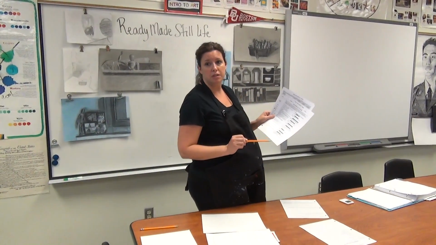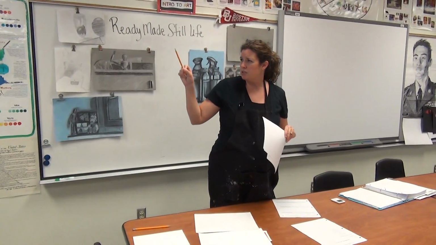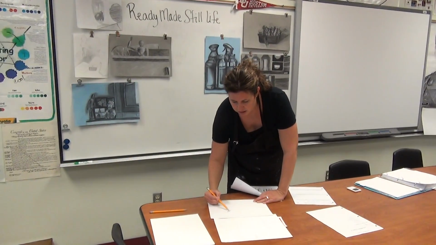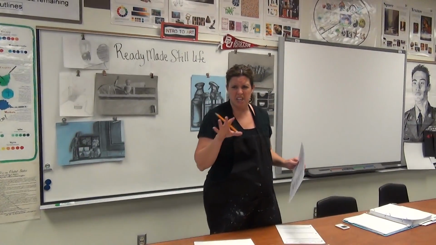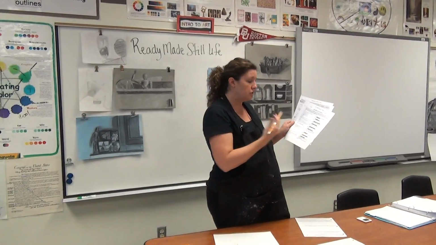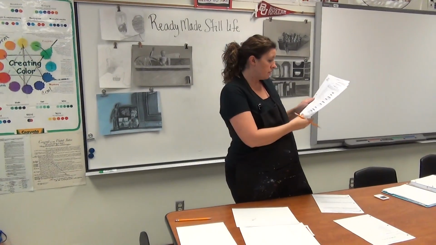Texture needs to be realistic. So if it has a bumpy texture to it, most of my textures are over there except for his hair. His hair, I will need to go in and make sure I give that kind of fluffy, almost cotton candy kind of feel to the hair. Texture needs to be realistic, meaning it needs to look like how it does in real life.